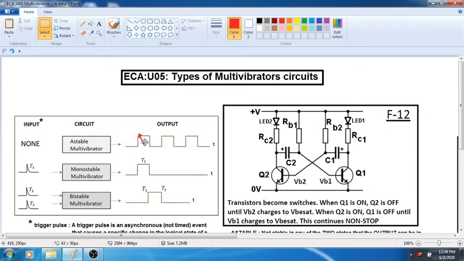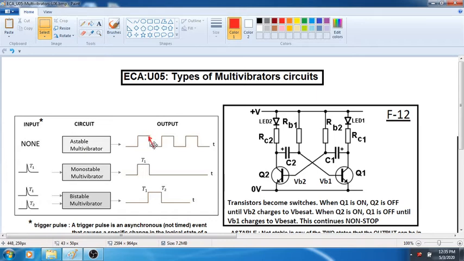So both are not permanent states. That means an astable multivibrator is a circuit which we have to design in such a way that the output will be low for some time, it will be in the low state for some time, and after a particular duration it will go to the high state, and again it will not remain here forever.